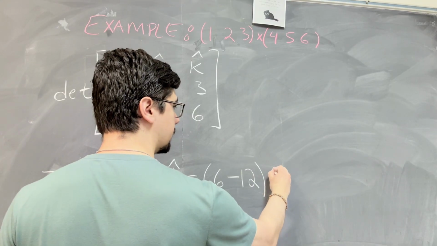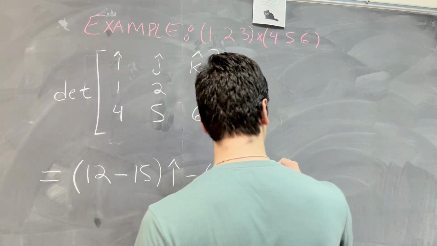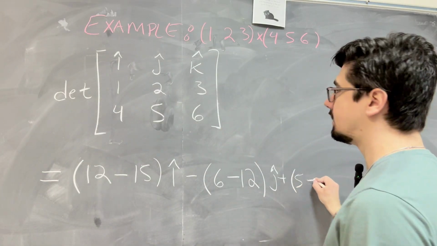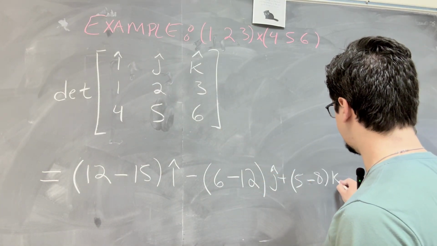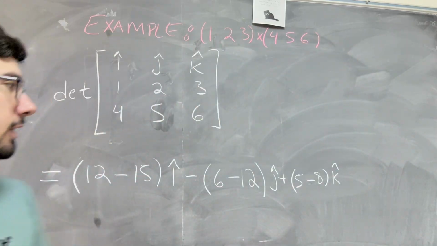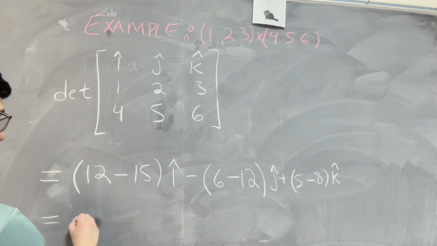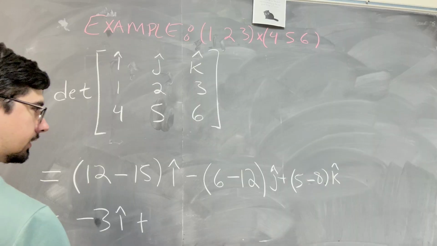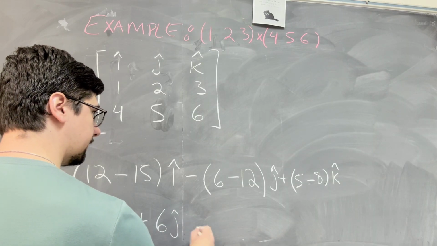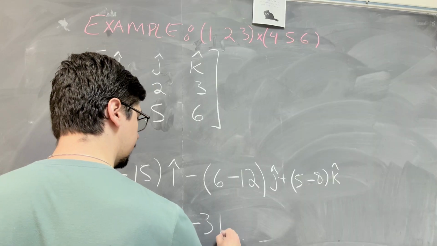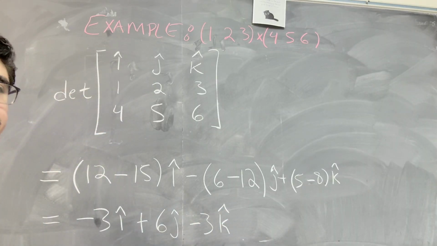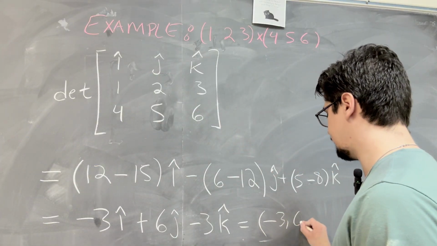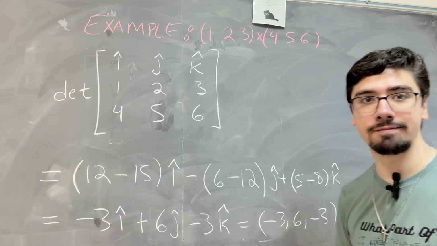It's going to be our j hat entry, plus 1 times 5 is 5, minus 2 times 4 is 8 is going to be our k hat entry. And this will go ahead and simplify to negative 3 i hat plus 6 j hat minus 3 k hat. Or written in the usual vector notation, negative 3, 6, negative 3.